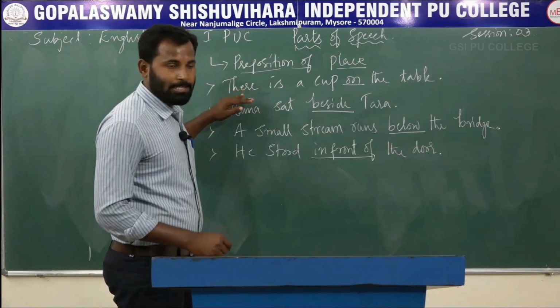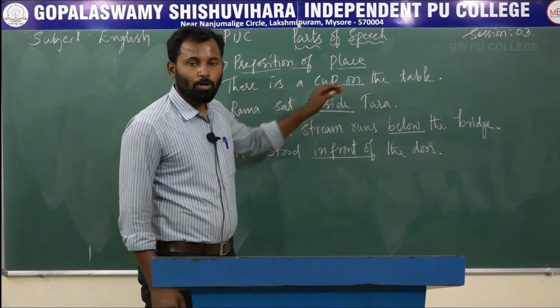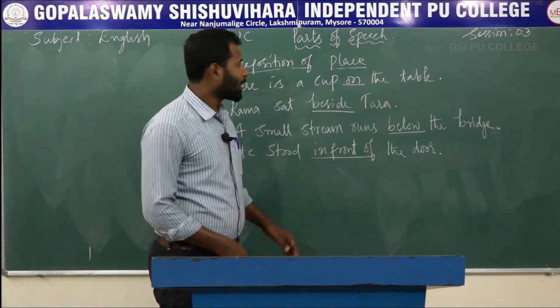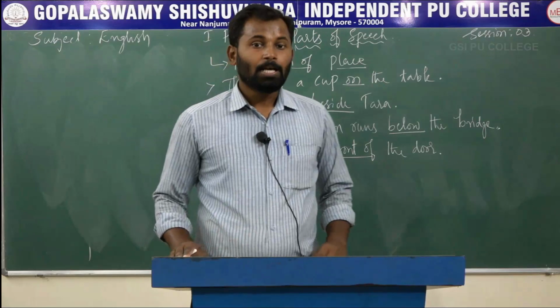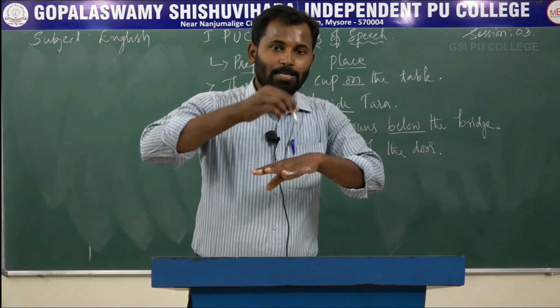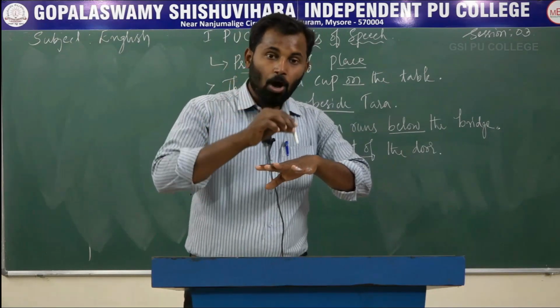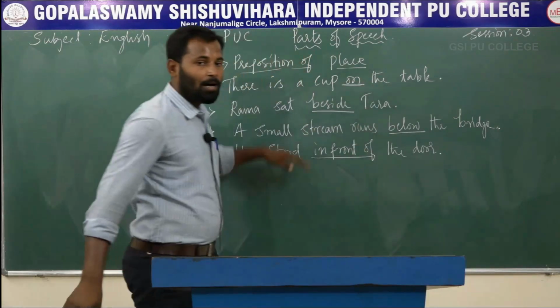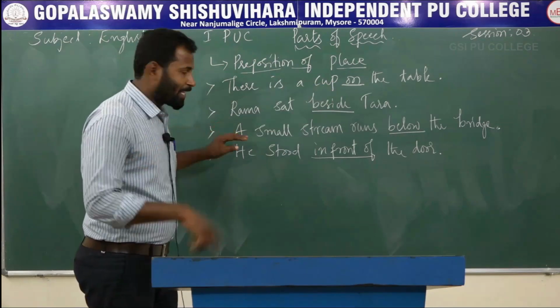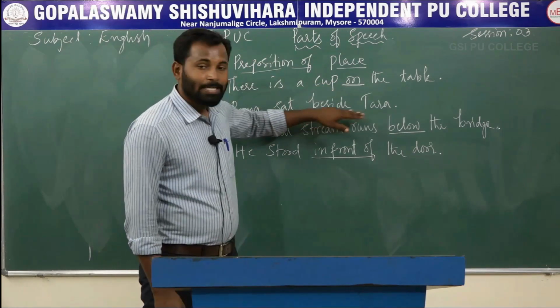If you look at the first example, there is a cup on the table. You can identify the preposition. Where is the cup placed? The cup is placed on the table. So, in this sentence, the word on is a preposition. Let us see the next example. Rama sat beside Tara.